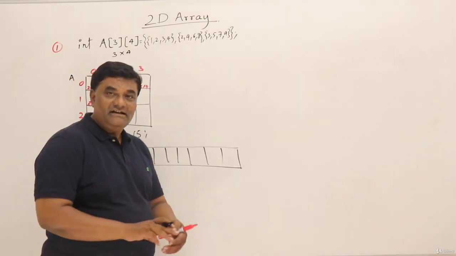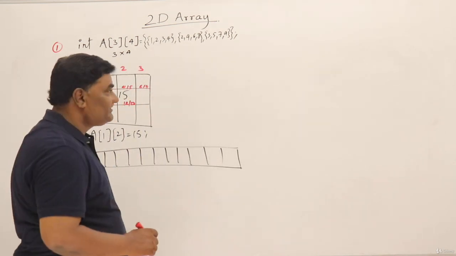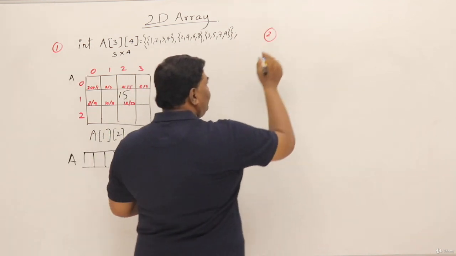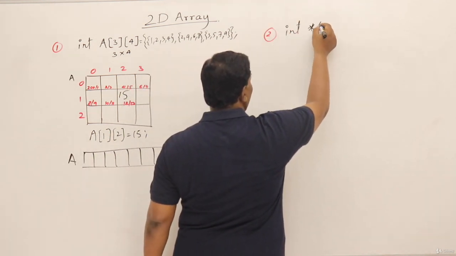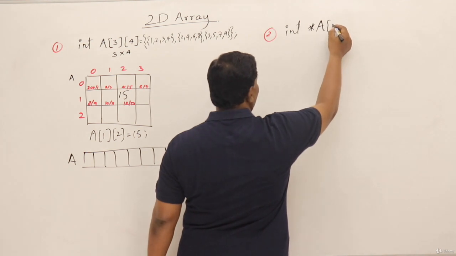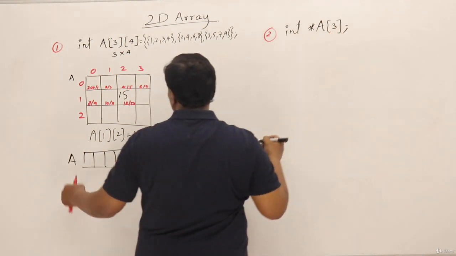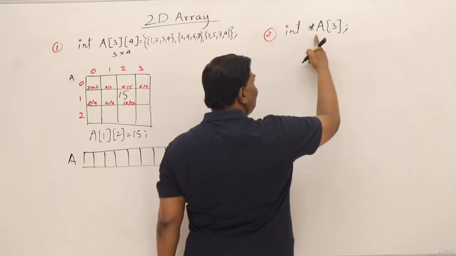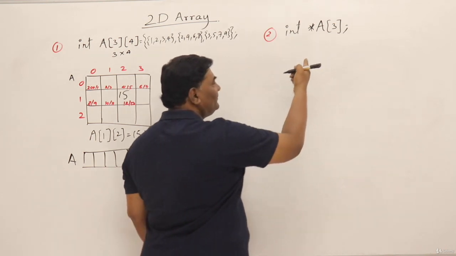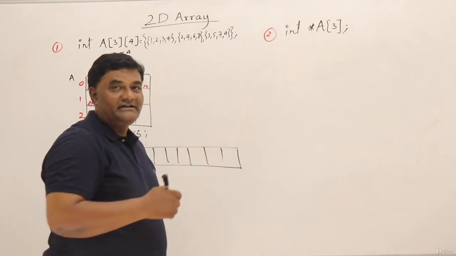Now let us look at the second method, how we can create a two-dimensional array. We can take an array of pointers. So this is a pointer and this is an array of size 3. Suppose I want the same size 3 by 4. So I have taken an array of size 3. As this is an array, a normal variable, it will be created inside stack.